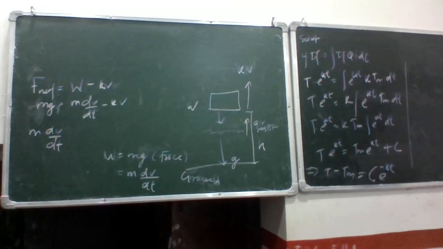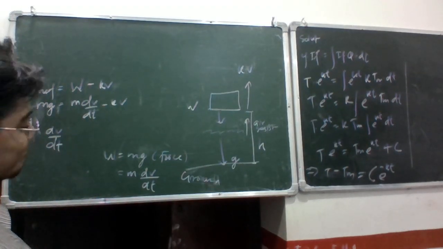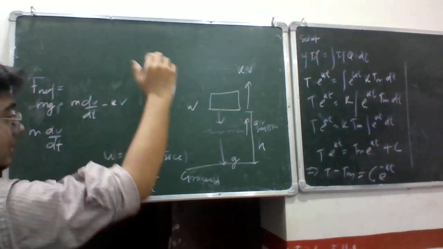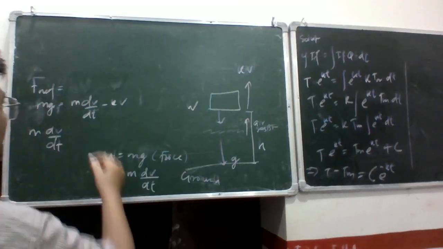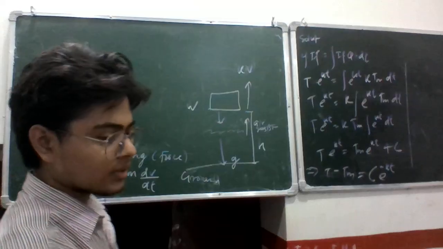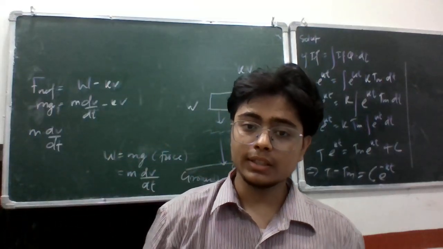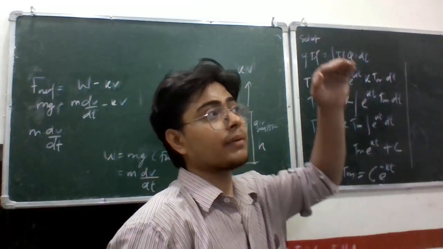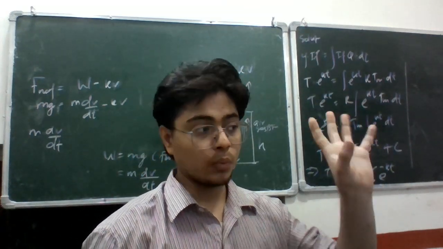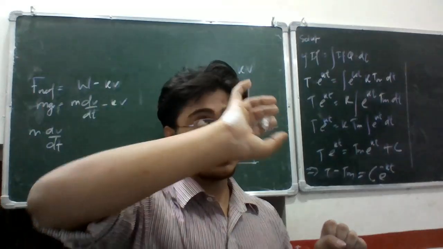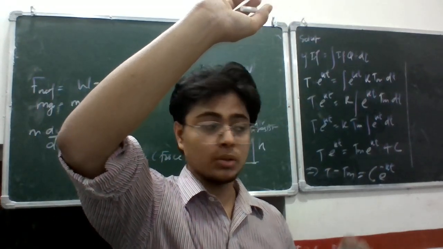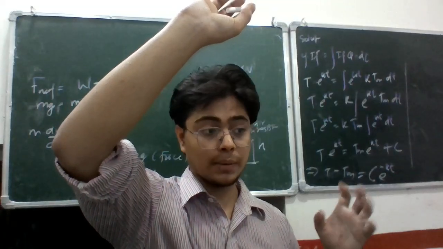Actually, I think I made a mistake here. In physics, we treat gravity and acceleration as different. We suppose that gravity is pulling the body with some force, so the weight is there, but because of the air resistance, the acceleration of the body is not equal to the gravitational pull.